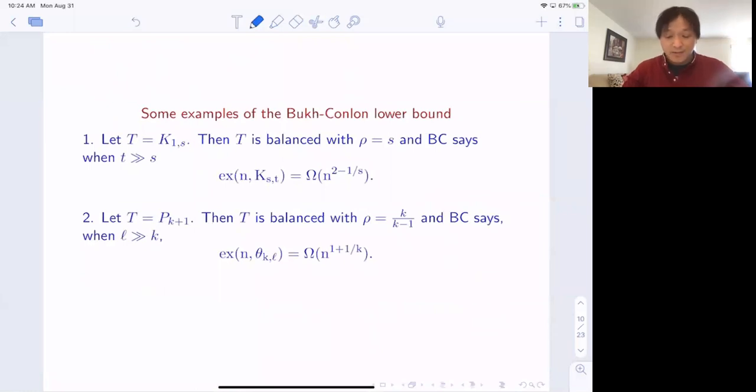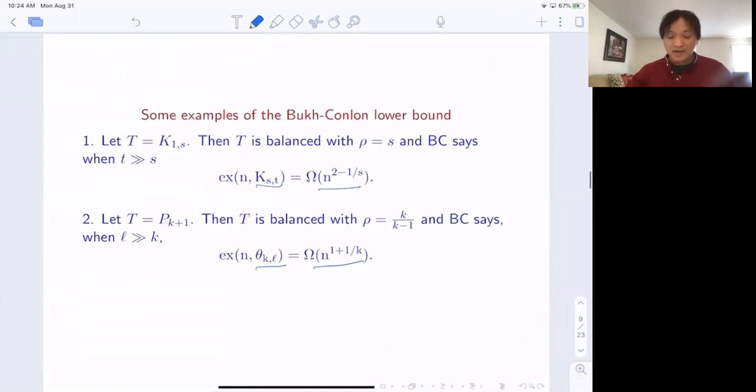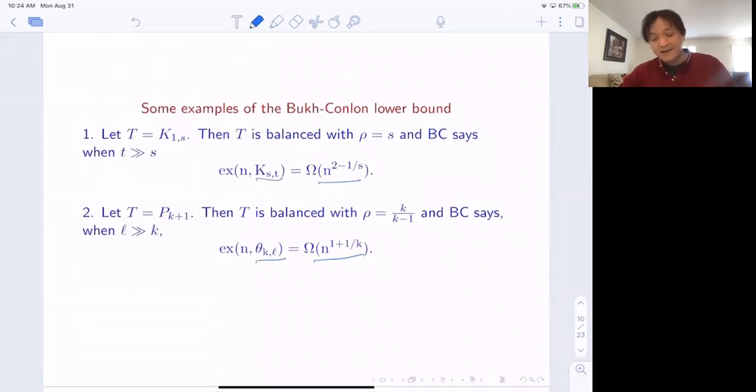So the lower bound is really nice in that it immediately generalizes the earlier lower bound arguments for KST and for Theta K,L. So you can check, I won't go into too many details, but I already said that stars are balanced. So if you take T's power of K1S, you get KTS.